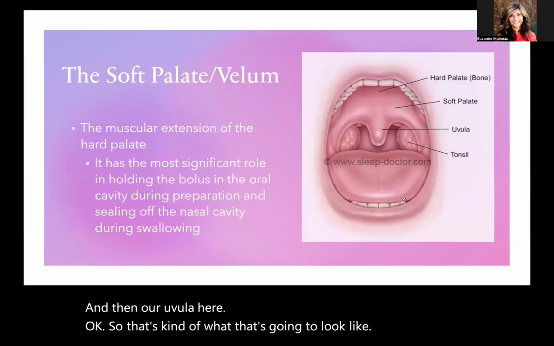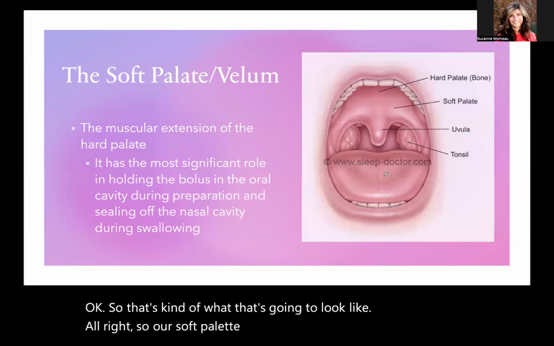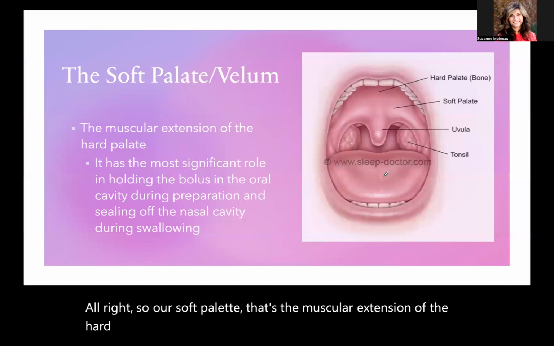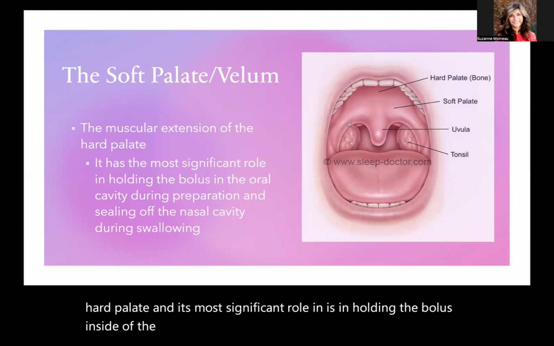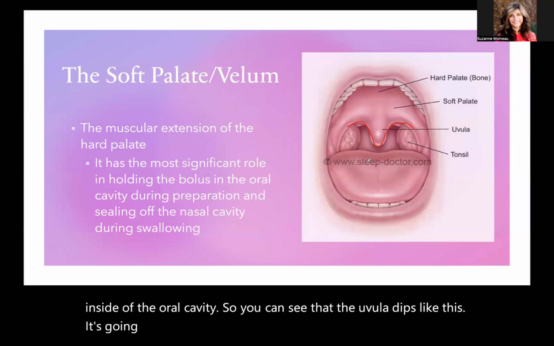All right, so our soft palate, that's the muscular extension of the hard palate. And its most significant role is in holding the bolus inside of the oral cavity. So you can see that the uvula dips like this. It's going to connect with the base of tongue, which we're going to talk about.